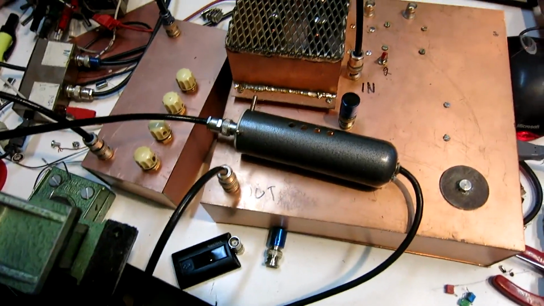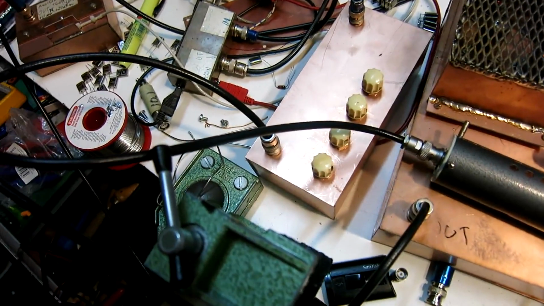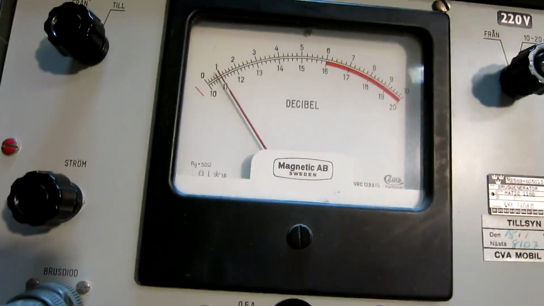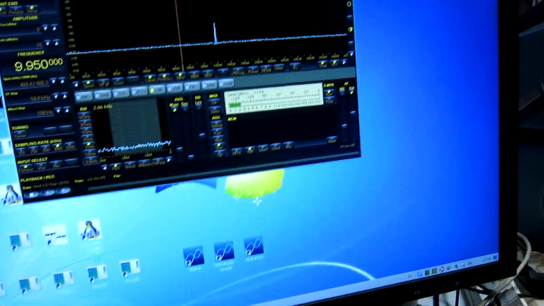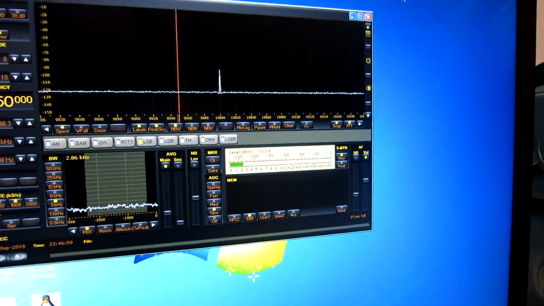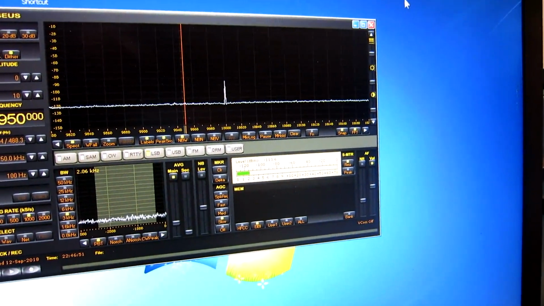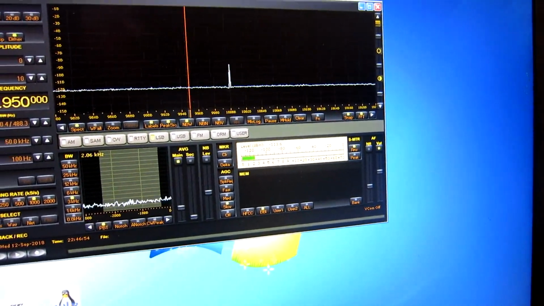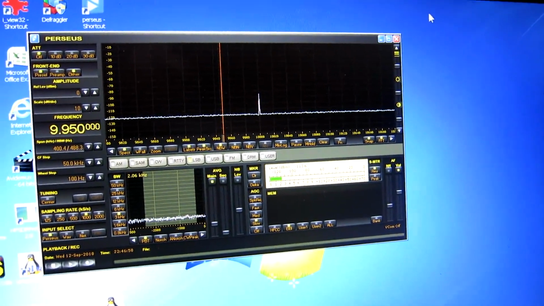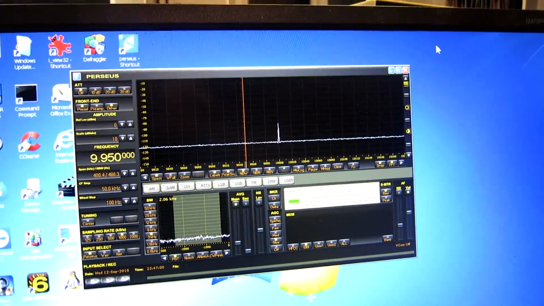With the noise head at the notch filter input, I have to set the noise figure to 1 dB to get the same noise floor, 113.7. That means that the noise at 50 kilohertz is minus 173 dBc per hertz.